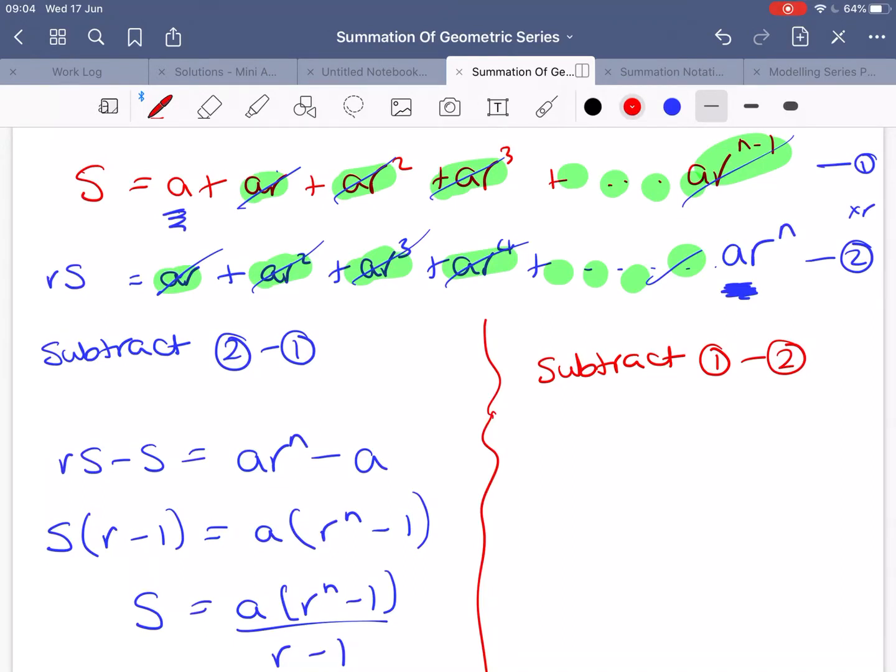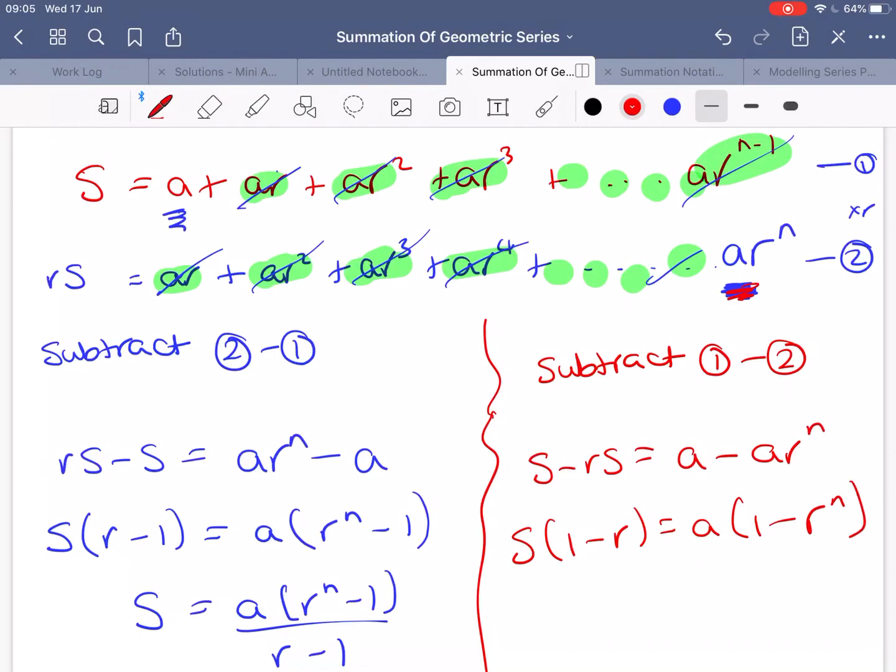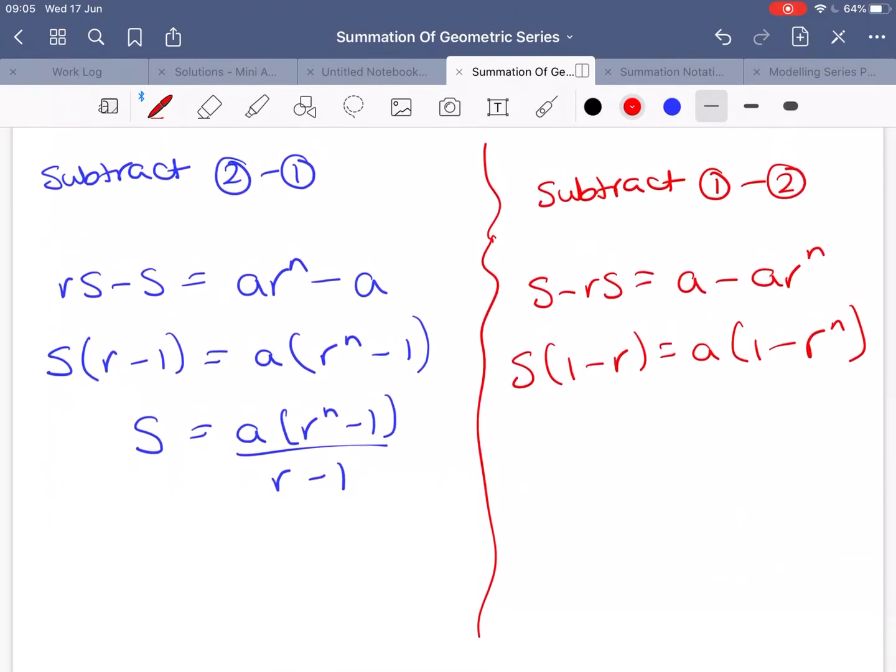And in that case, I would have just had it the opposite way round, because I'd have had S take away RS is equal to A take away this term here, which is AR to the power N. I do exactly the same steps now. I say S times 1 minus R equals A times 1 minus R to the N. And so my S is A times 1 minus R to the N over 1 minus R.